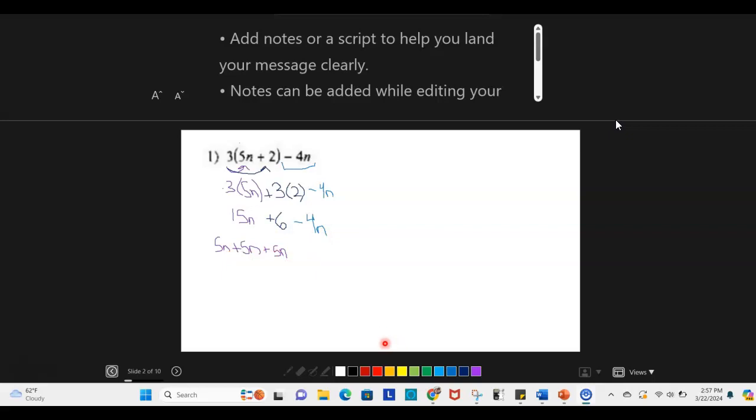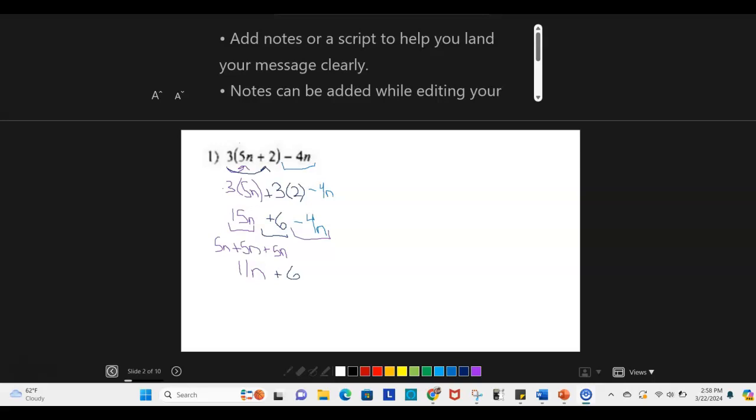So 5n plus 5n plus 5n is 15n, minus 4n. So I've got 15 minus 4, which is going to give me 15, 14, 13, 12, 11n. And then I still have this plus 6 here.